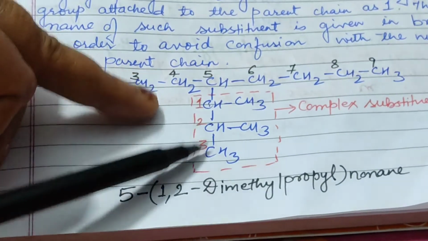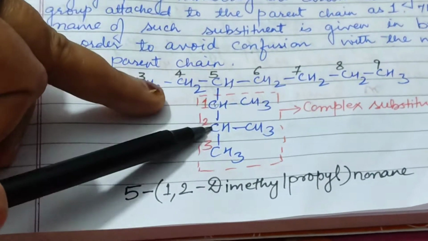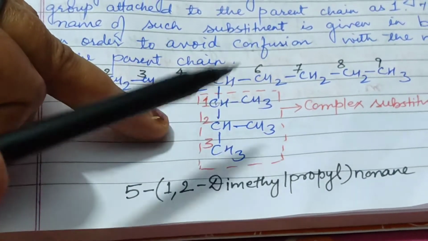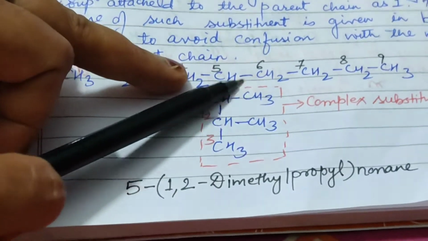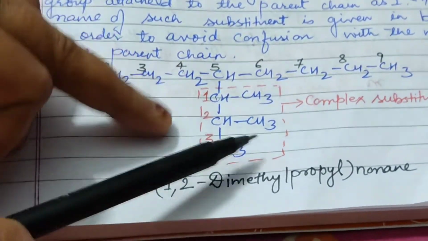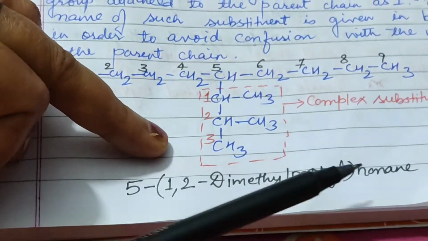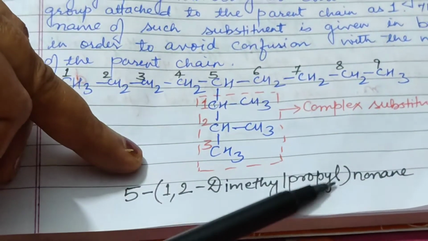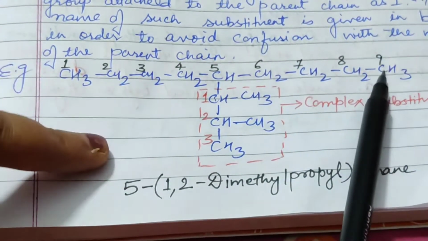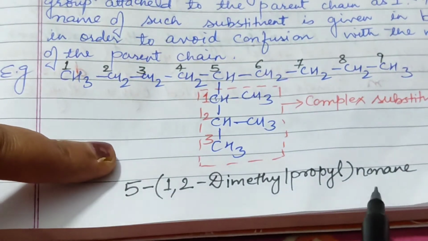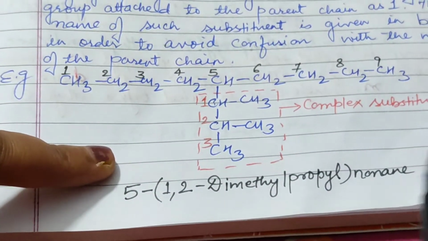Because it has 3 carbon atoms, and when 3 carbon atoms are there we name it propane, but here 1 hydrogen has been eliminated, so this whole group is propyl. Understood? It has to be written in brackets, and then you write the word root name. There are 9 carbon atoms, so it will be nonane. Okay, understood?